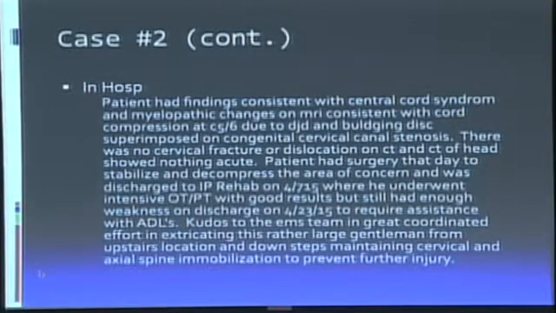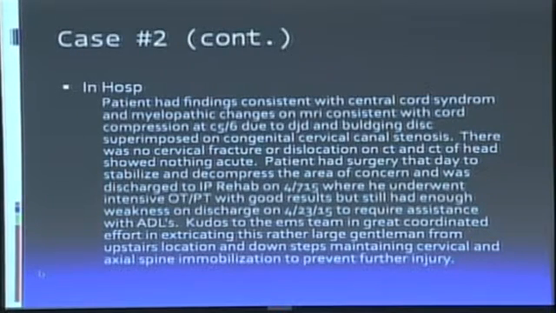So in the hospital, he had findings consistent with a central cord syndrome. You remember the cord syndromes that you can get with trauma. This is a central cord syndrome where you classically get more weakness in the upper extremities than the lower extremities. It was not due to a fracture or dislocation, but because of his underlying degenerative disease and spinal stenosis, he had some cord compression at C5-6, which corresponded to the level of his physical findings.